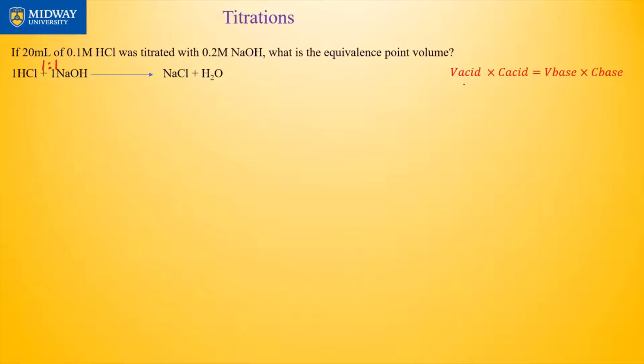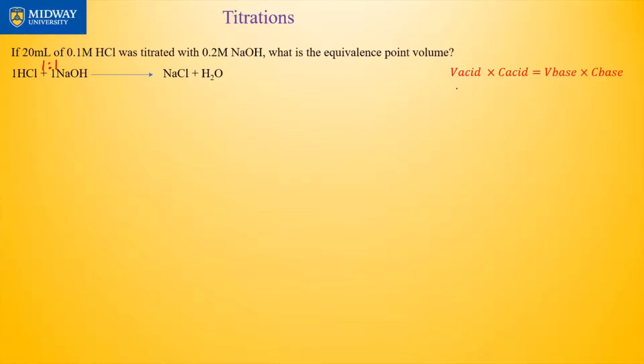This equation will be provided in your appendix on the exam. You do not have to memorize it. You would use the equation as it is, without much change, if the acid and base are in 1-to-1 ratio. You do not even have to convert milliliters to liters or molarity to something else, just plug and chug.